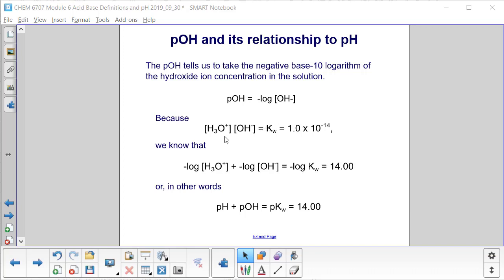We know the relationship between the hydronium and hydroxide ion concentration through this K water, 1 times 10 to the minus 14. So that means that the minus log of the hydronium ion concentration, or the pH, plus the minus log of the hydroxide ion concentration, which is pOH, is equal to the minus log of K water, which is 14. We call that the pKw, and it's equal to 14.